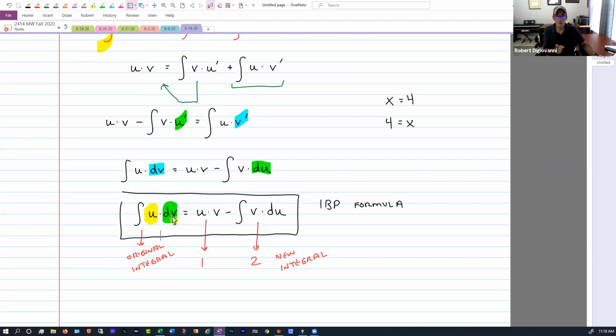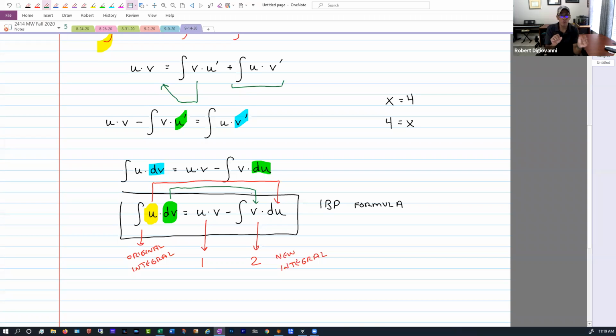Now, in the new integral, what happens? Look what happens to the u. In the new integral, the u becomes du, right? And then the dv becomes v. So do you see that they transferred the derivative?